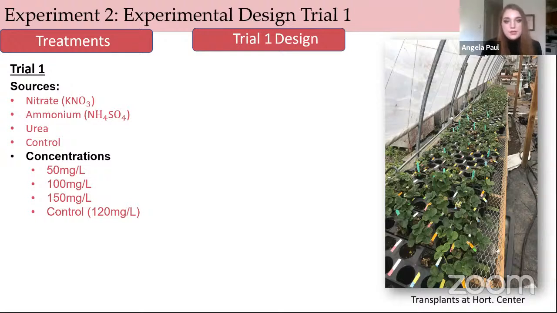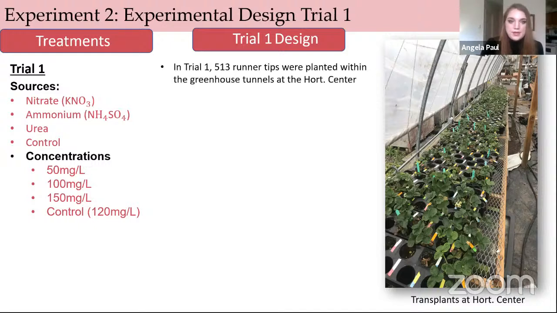But then I also considered a control group using a nitrogen treatment that's used by farms within Quebec for day neutral strawberry, just to see if there was any correlation between that as well. So for this, I compared the same concentrations, and then the control stayed at 120 milligrams per liter of nitrogen per plant.